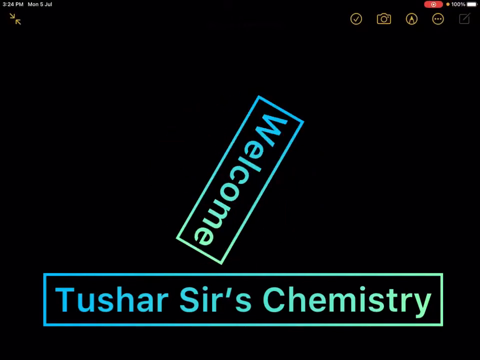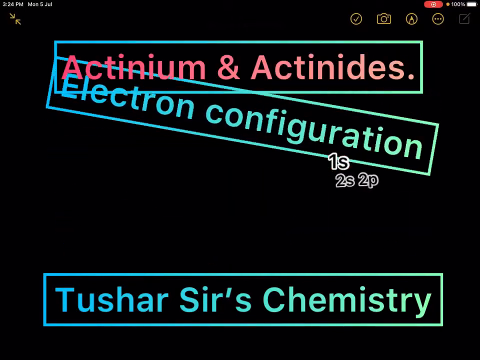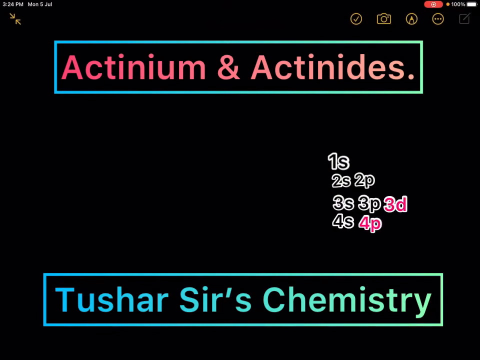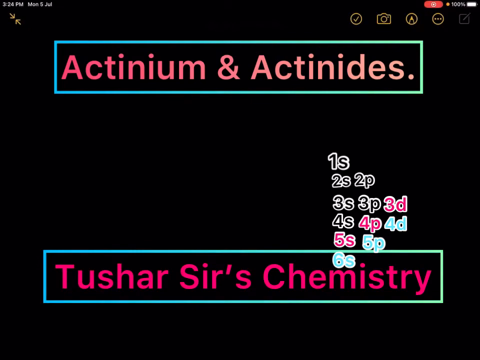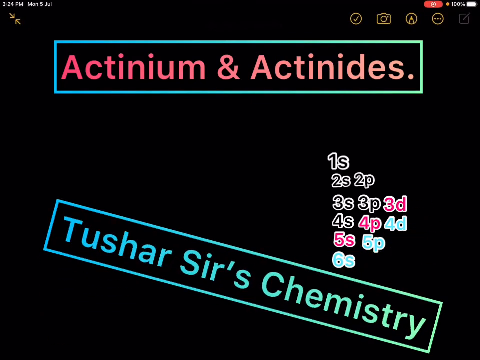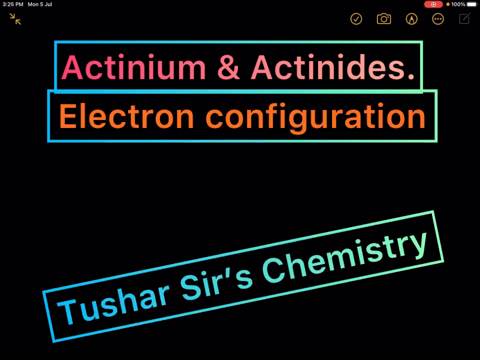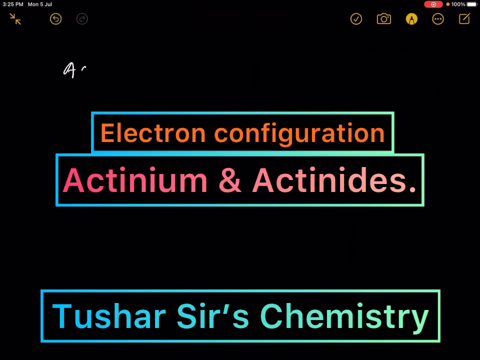In this video, we'll write the electron configuration of actinium and actinides. Let us write the electron configuration of these 15 elements. You know, the atomic number of actinium is 89.